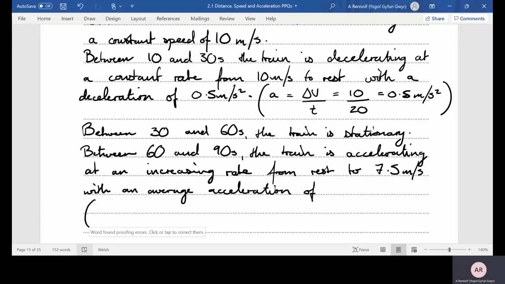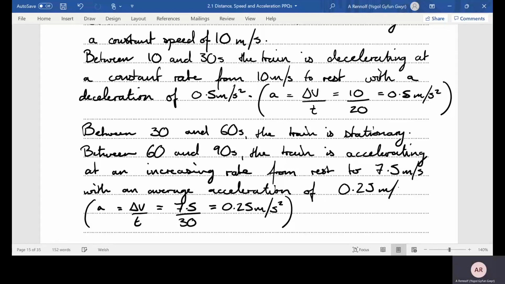I don't think I'll be able to fit it in that gap. A, again, is delta V over t. Our change in speed was 7.5. Time period is 30, and that gives a value of 0.25 meters per second squared. So fill in the gap of 0.25 meters per second squared.